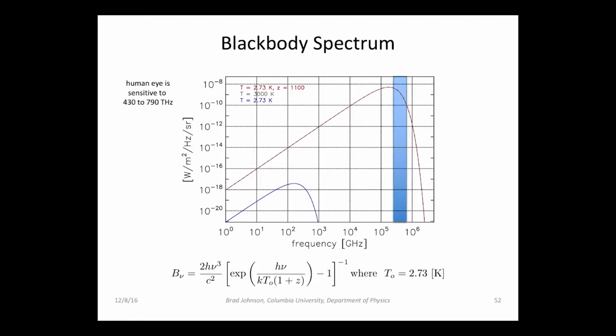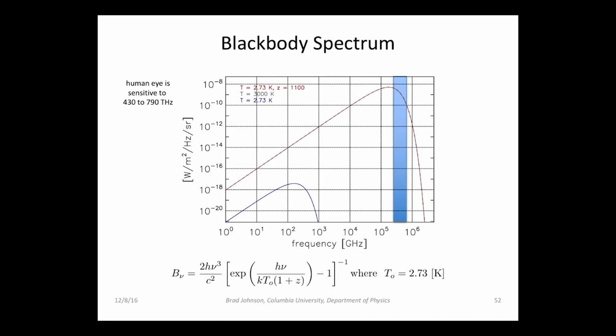If we plot the brightness as a function of frequency for a 3,000 Kelvin body, it looks like this, which doesn't mean much to you, but it has a very nice theoretical shape. It's called a blackbody. And what I've noted here at the blue bar is these are the frequencies that the human eye can detect. You can see these frequencies of light.